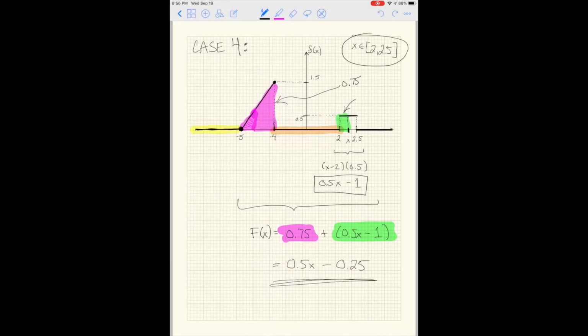And if we plug in f of 1, we get 0.5 times 1 gives me 0.5. I'm sorry, not f of 1, f of 2.5. 0.5 times 2.5 gives me 1.25 minus 0.25, and sure enough, that gives me 1.